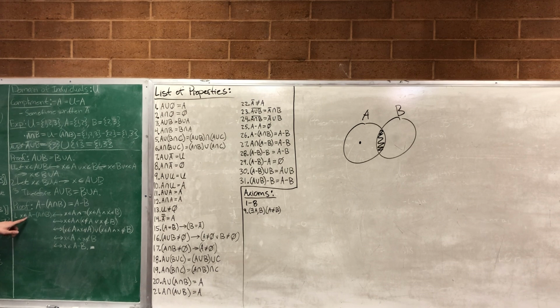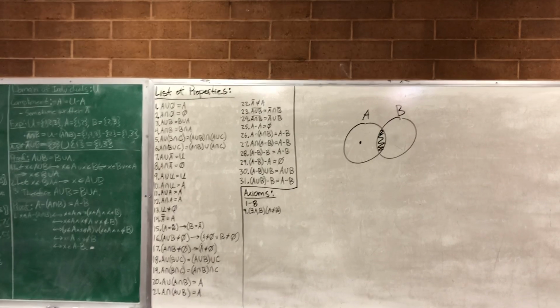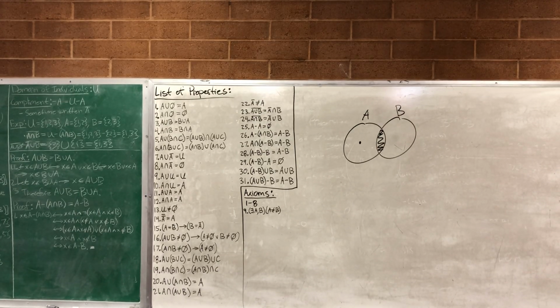Okay, so now let's prove it. If we have x in A minus (A intersect B), what does that mean? That means x is in this and x is not in this, right? To be clear, x is in A minus (A intersect B), and A intersect B is just some set C. So x is in A minus C, whatever set that is.